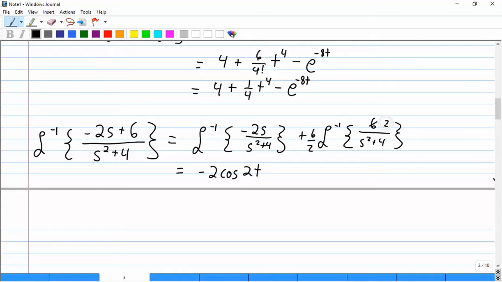Because a equals 2 from the denominator, and to fit the formula we want the same a in the numerator. But if we put a 2 here, we have to bring out the reciprocal, the 1/2. We've already brought out the 6. So 6 divided by 2 is 3. And then it is sine of 2t.